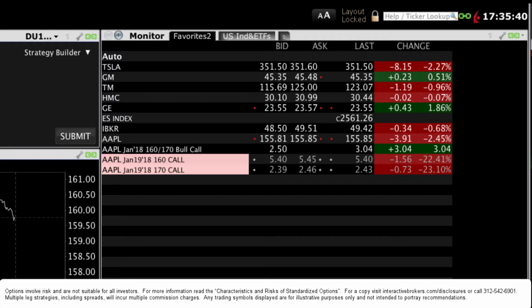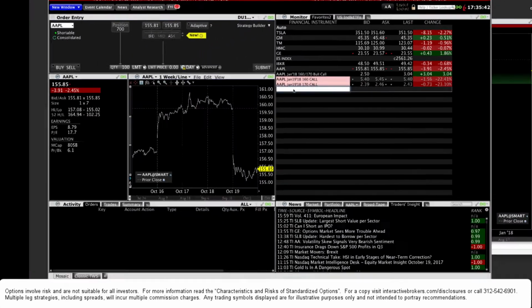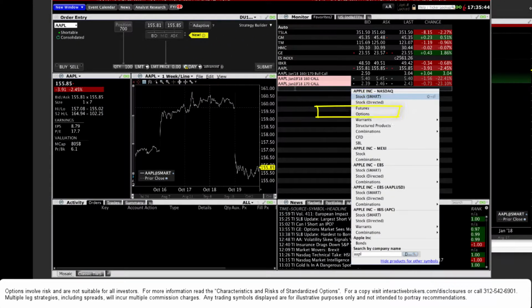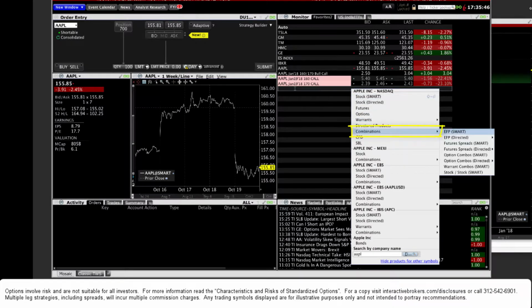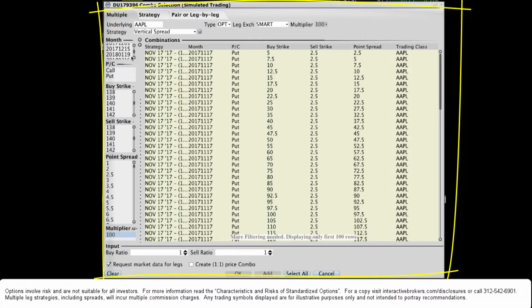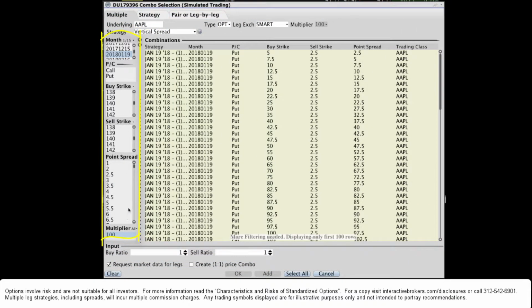Once again, we'll demonstrate a January expiration using a 10-point wide spread. Input the ticker in the watch list, follow the combination line, and select Option Combinations. Make the selections from the strategy menu and create the spread from the boxes to the left, remembering this time to select Put.